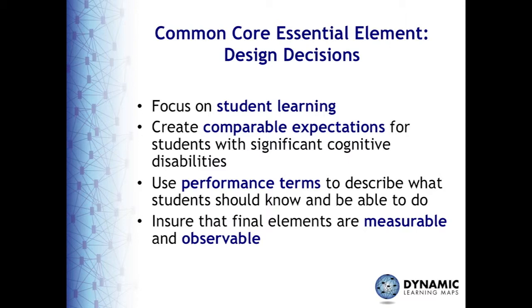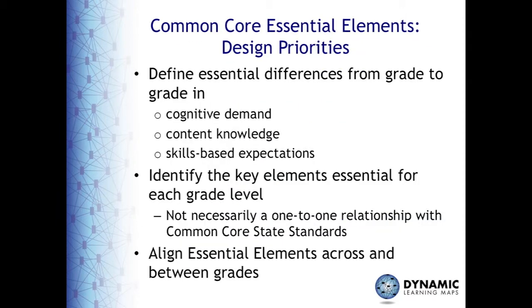Consistent with the Common Core, the decision was made to write the essential elements using performance terms that describe what students should know and be able to do in a manner that is both measurable and observable. Other design priorities that drove the development of the essential elements included defining differences from grade to grade with respect to cognitive demand, content knowledge, and skills-based expectations.